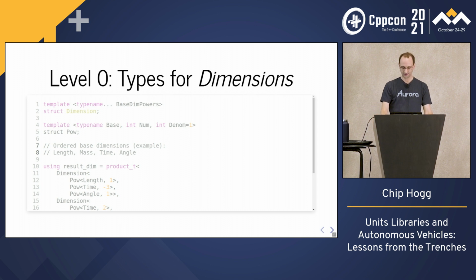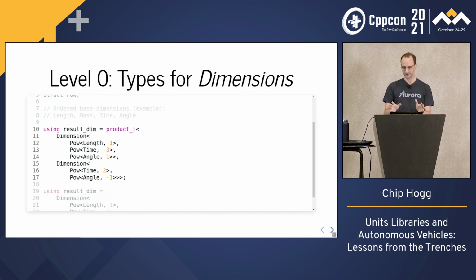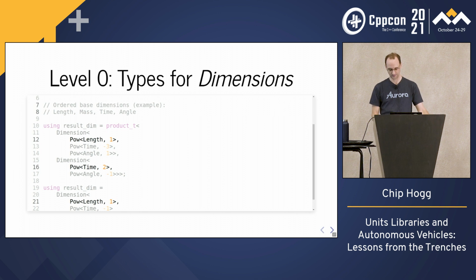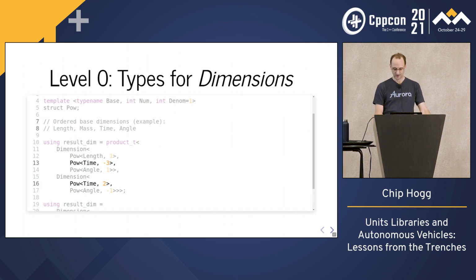Okay, now let's briefly step through this multiplication operation to see how the merging works. At the head of our lists, we have a length and a time. These are different. Well, length comes first in our ordering, so we're going to copy it directly to the output. Now we have time and time.